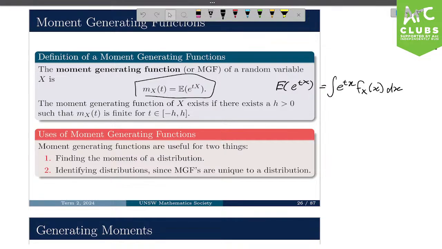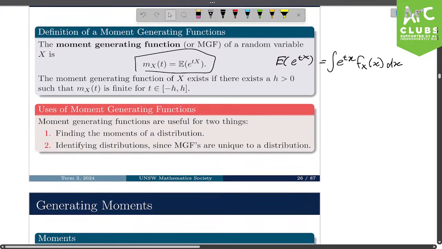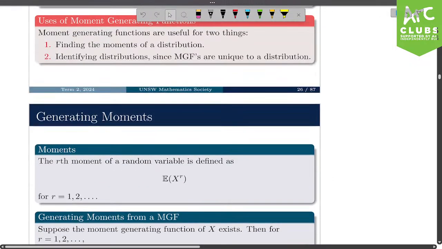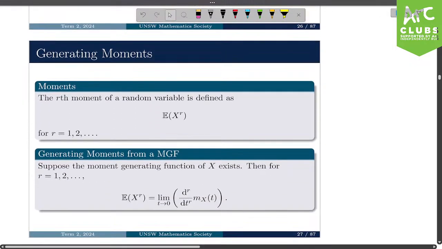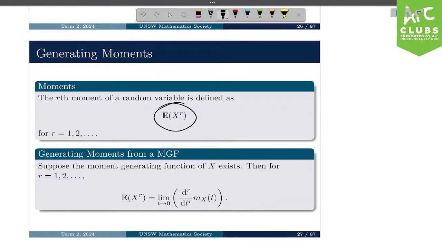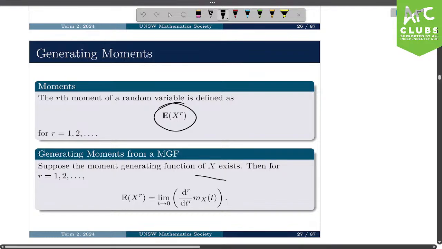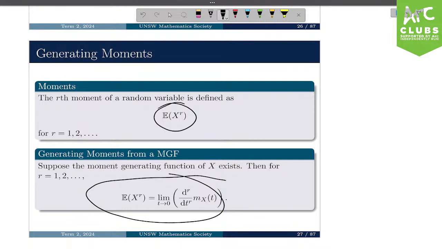The thing that's useful about the moment generating function is that it's useful to calculate these moments. Instead of having many different integrals, you can just calculate the one integral and then take derivatives, because we're really good at taking derivatives.